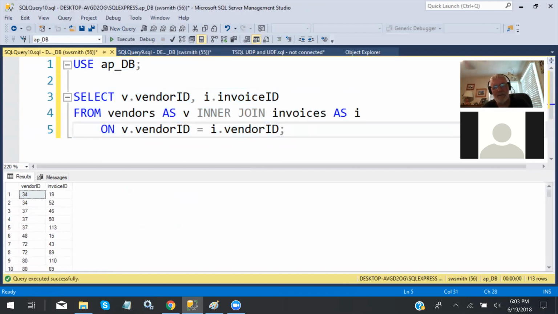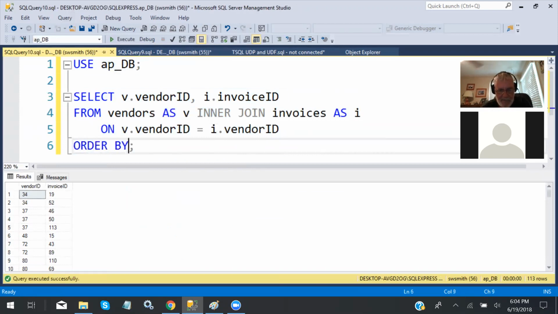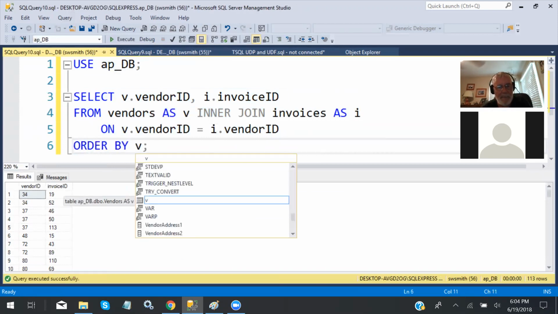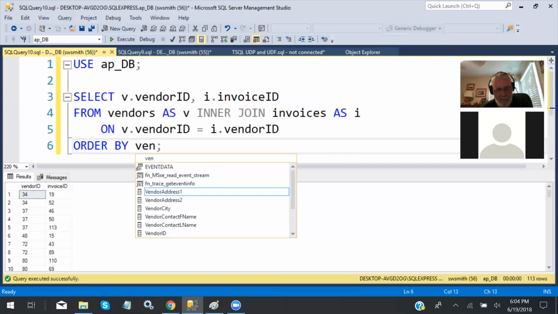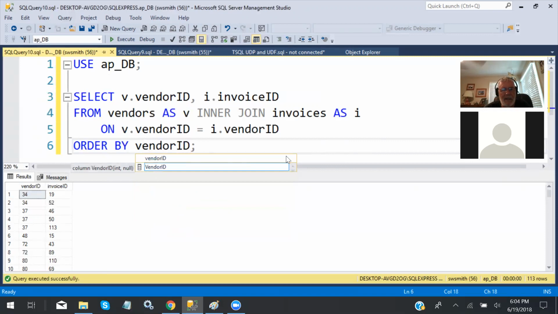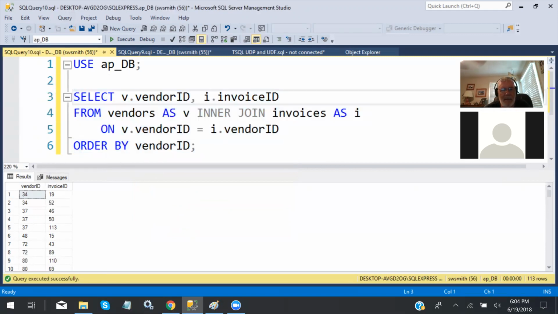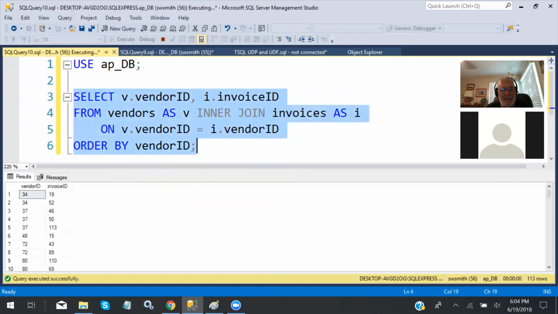If I want to order by vendor ID, I need to say that. I think it'll let me get away without saying v.vendor ID. Now this one will be ordered by the vendor ID.